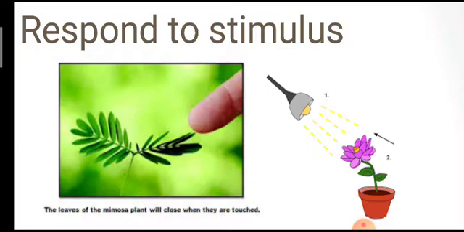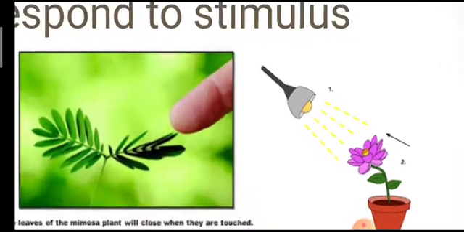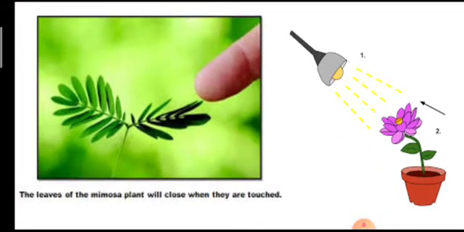It bends its leaves, or it closes its leaves. When we touch the plant leaf, it closes. We are touching it with a finger, and the plant is responding. Your finger is the stimulus, and the plant is responding to your stimulus.